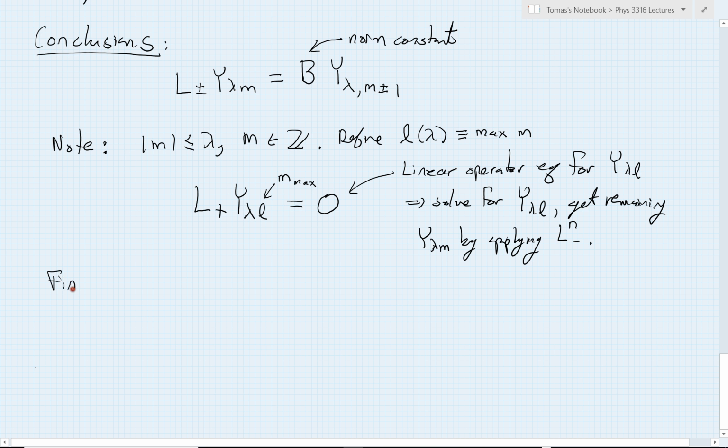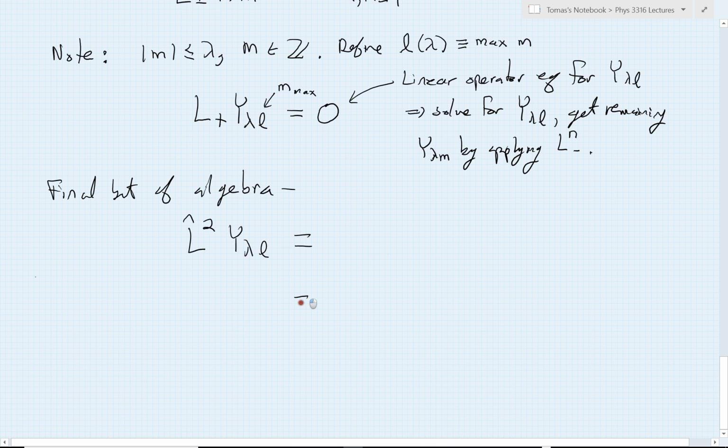So the final bit of algebra is that I can use the properties of this terminating state to compute the possible values of L squared. So if I apply L squared to Y lambda L, this maximal state, I actually have two ways to compute this. The first way is simply to recognize that, by very definition, this is a pure state of L squared, and its pure state value is lambda squared h bar squared.